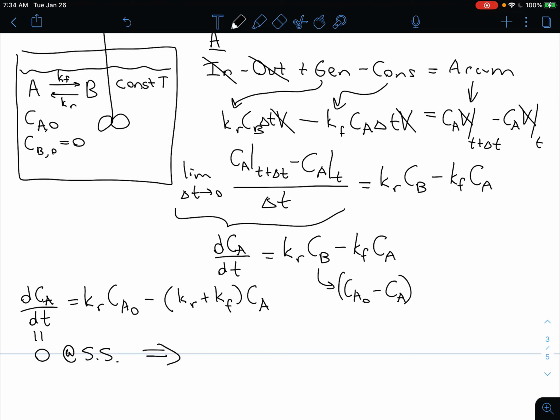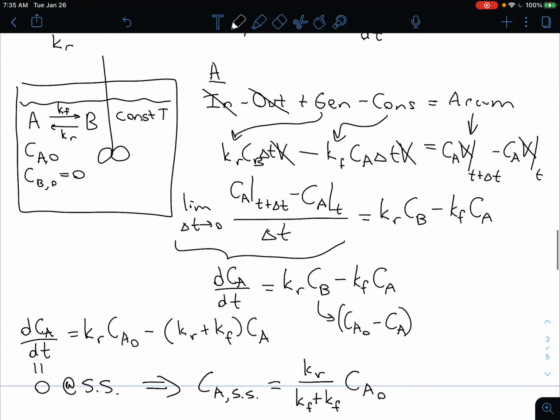What this implies is that Ca at steady state is equal to, let's move the Ca naught term to the other side, k reverse over k reverse plus k forward, times Ca naught.